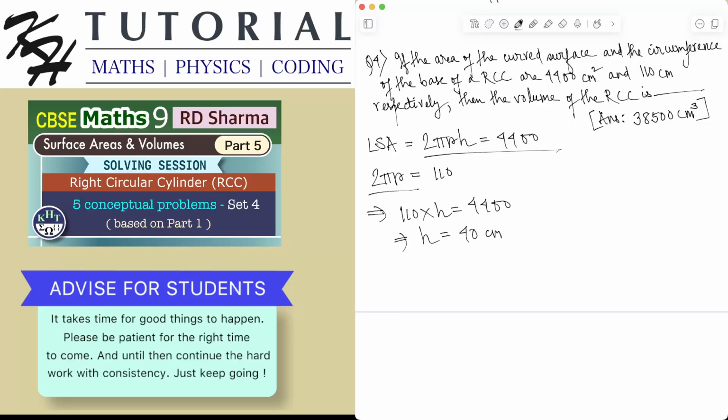The question is asked to find the volume of the RCC. So volume is pi r square h. Now we do not know r, but from 2 pi r equals 110, we can find r as 110 by 2 pi. So the volume is pi r square. What is r?